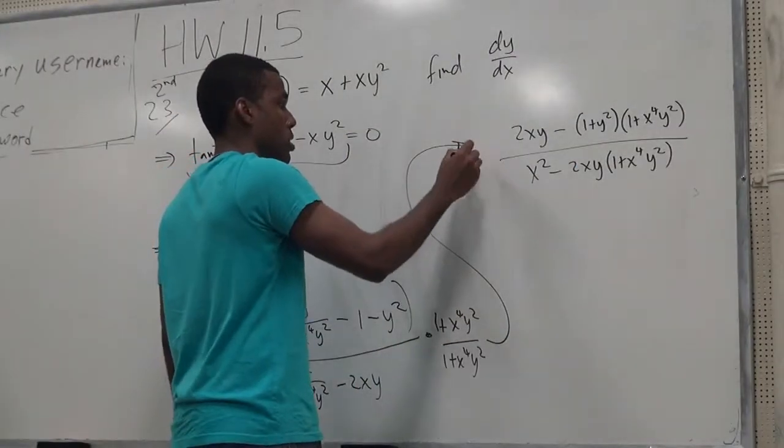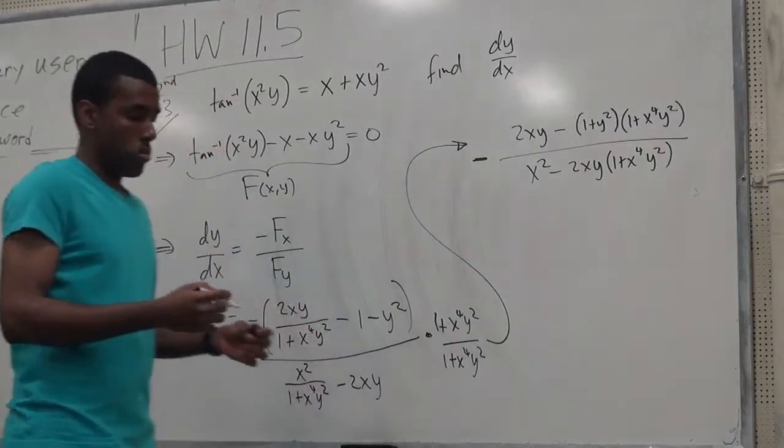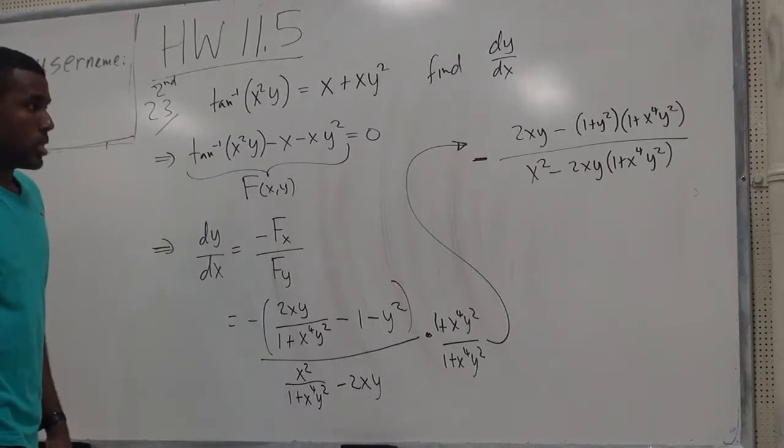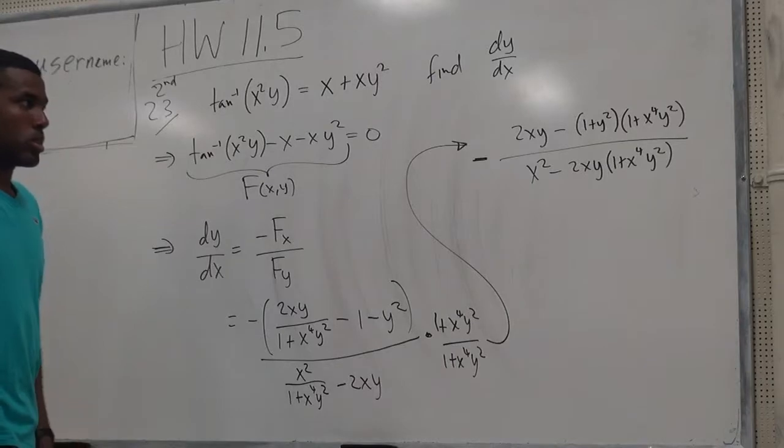I don't really think anything would simplify if I multiply those out, so I'd probably just leave it like that.